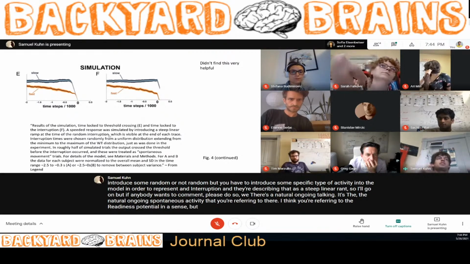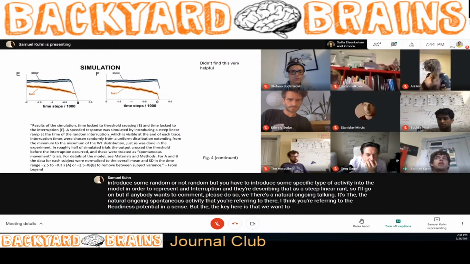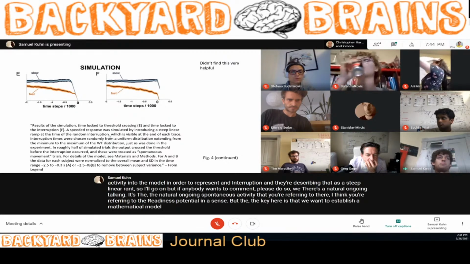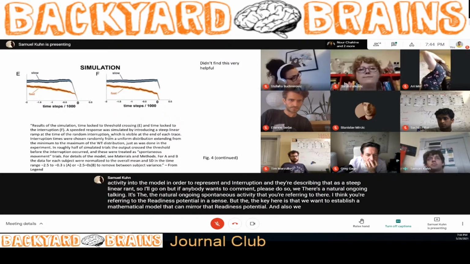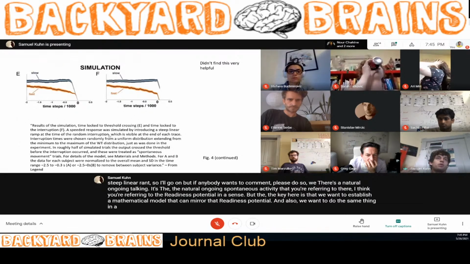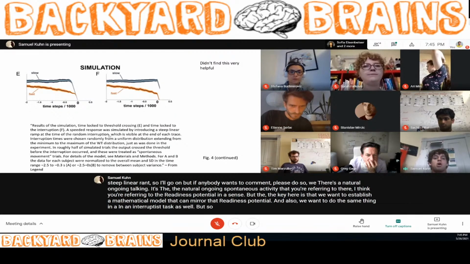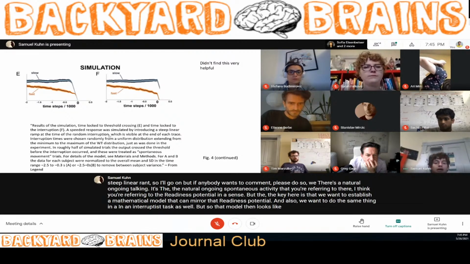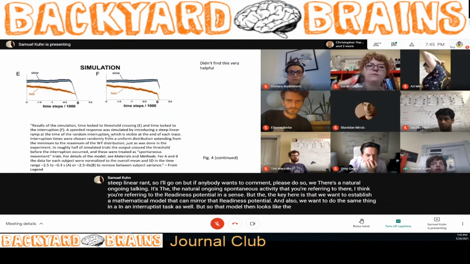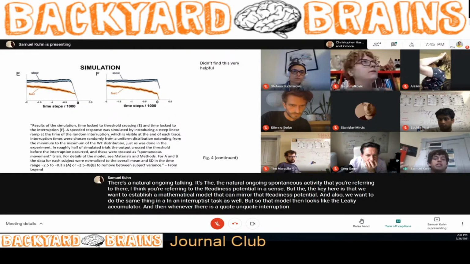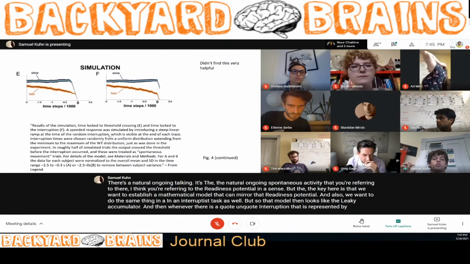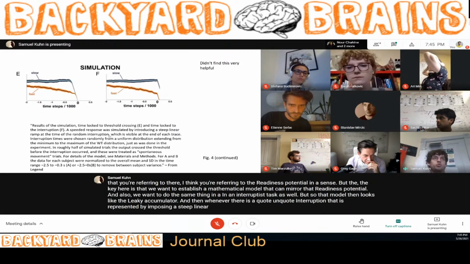But the key here is that we want to establish a mathematical model that can mirror that readiness potential. And also we want to do the same thing in an interruptus task as well. So that model then looks like the leaky accumulator, and whenever there is a quote-unquote interruption, that is represented by imposing a steep linear ramp onto the model. If that makes sense.